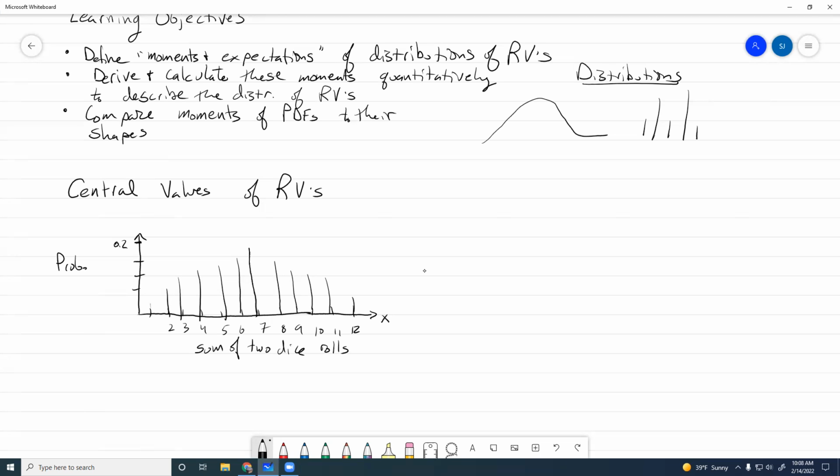If I'm thinking of my random variable, the sum of 2 dice rolls, I can represent it visually, it's got this symmetrical distribution, but what are some other ways we could summarize the data? Think of the summary function in R. Do you remember using that?